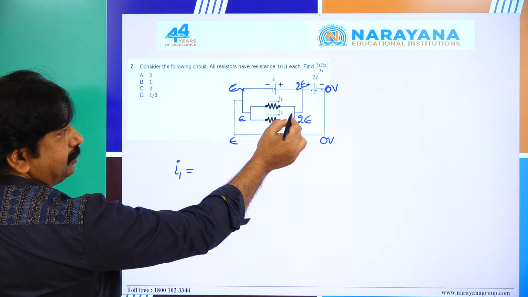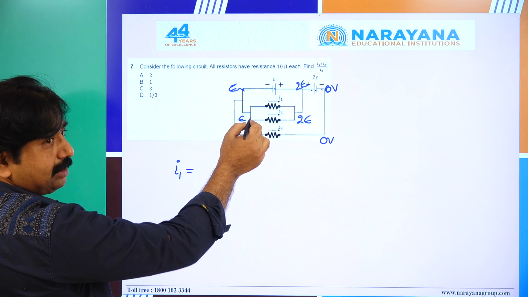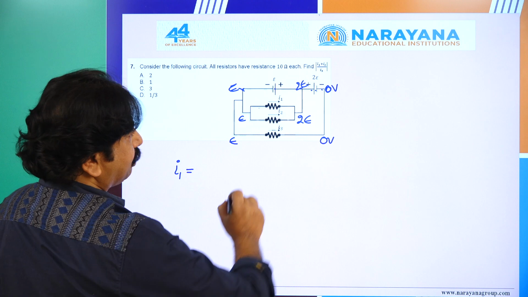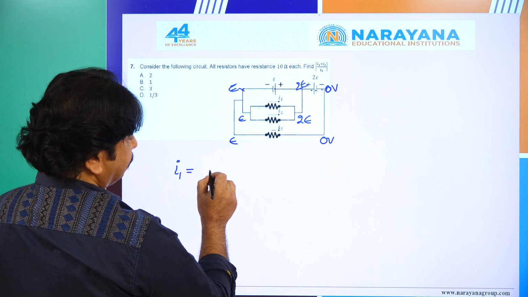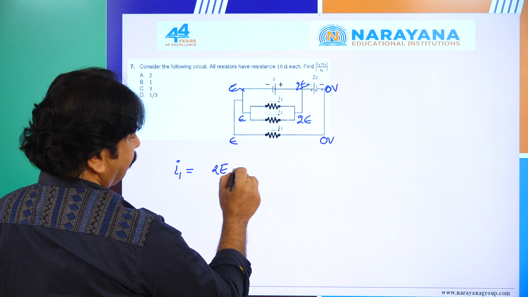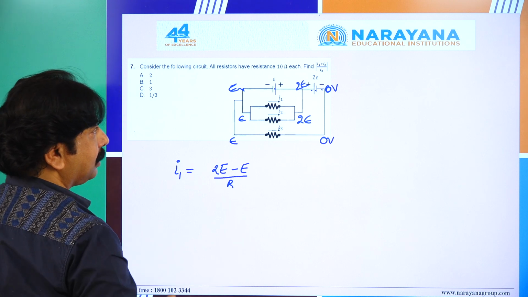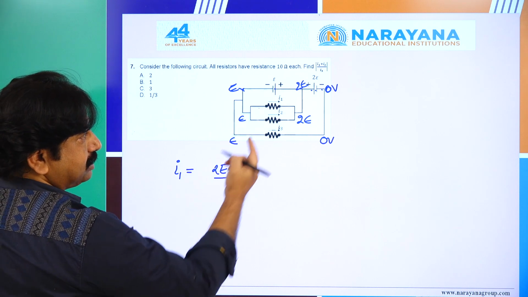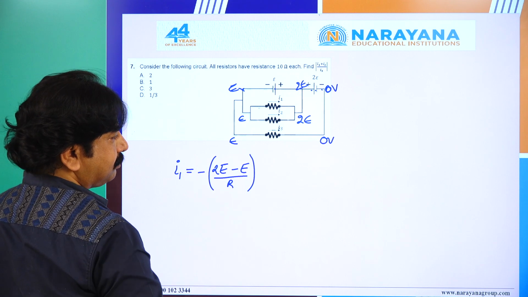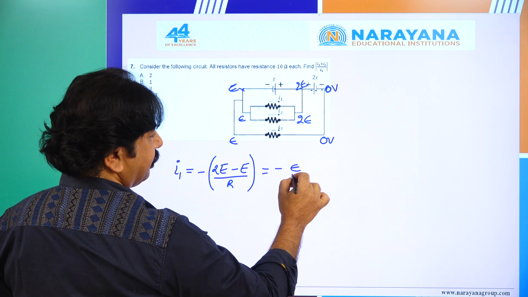That's why the assumed direction of the currents here is wrong. So I1 is equal to 2E minus E by R only. But the original one is opposite to the current. That's why I am taking it like this. So this is equal to minus of E by R.